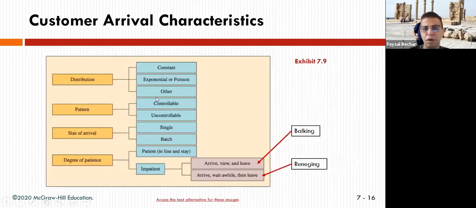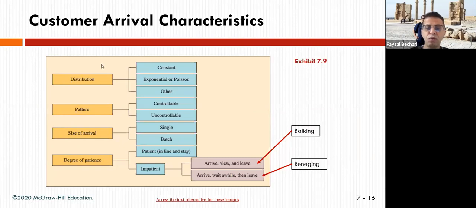So the customer arrival characteristics is basically: you have the distribution, you look at the pattern, how is this happening, you look at the size of arrival, and you look at the degree of patience, how long they can wait.